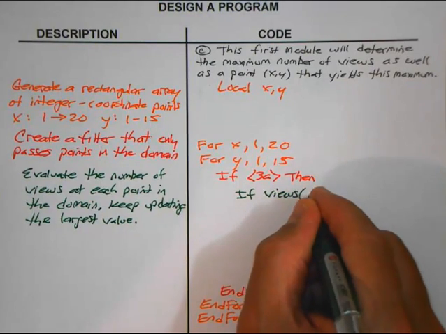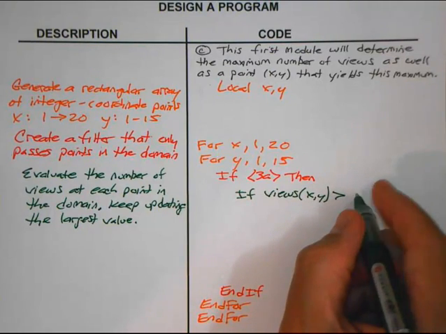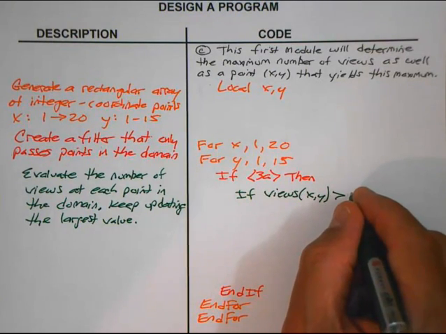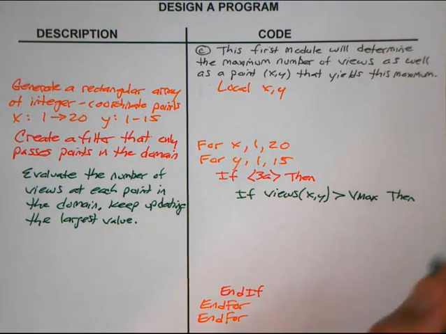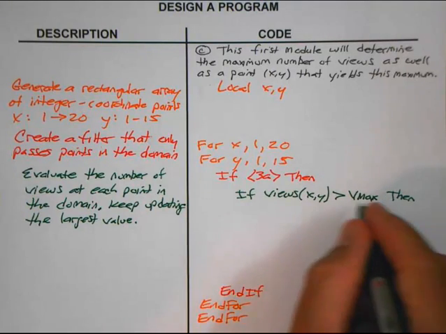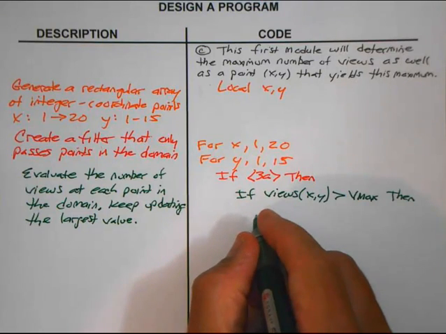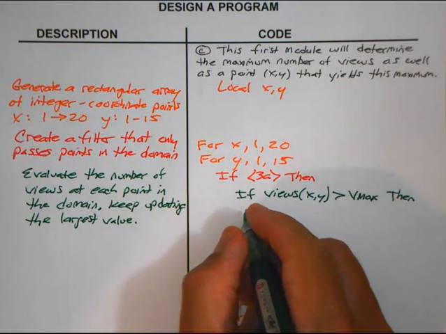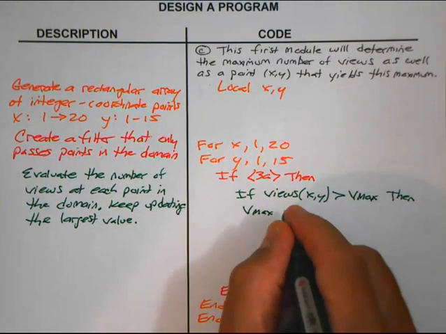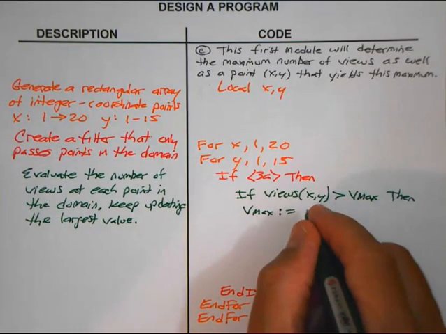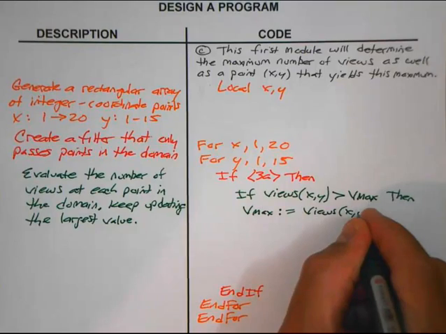So if views of x, y is greater than, we will be storing the maximum number of views in a location, let's call it vmax. Then, okay, now if this happens to be the case, we will start updating the maximum number of views variable. So for instance, we'd have vmax assigned to be views of x, y.